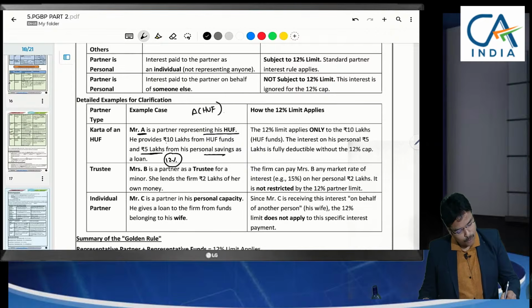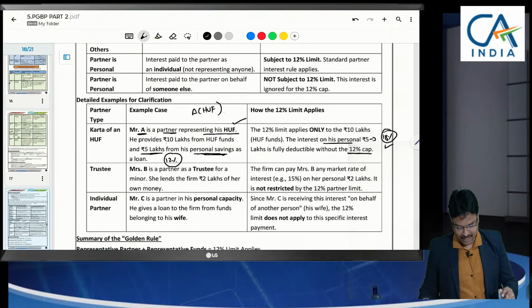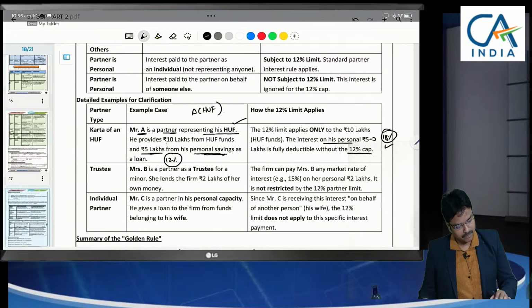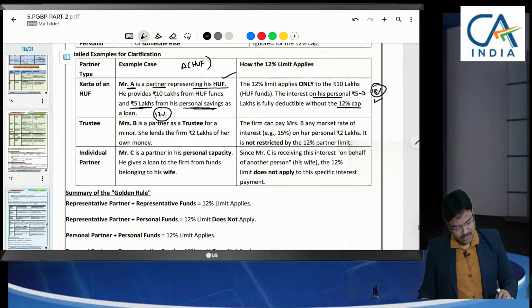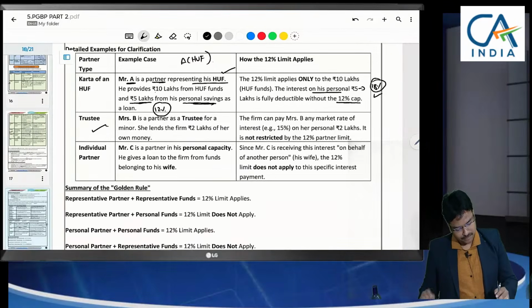Answer is no. If 18% is paid on this 5 lakhs, 18% is eligible, the 12% cap will not be there, because he is a partner in representative capacity, whereas the loan is given in personal capacity. Is it clear? Same in case of a trustee also. If a loan is given in personal capacity, these limits will not apply.